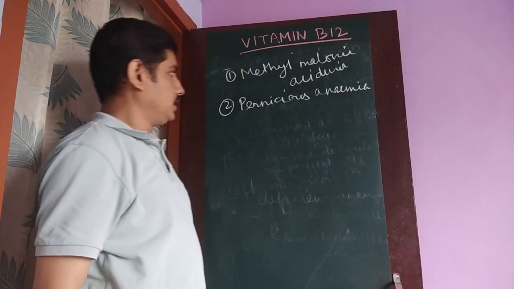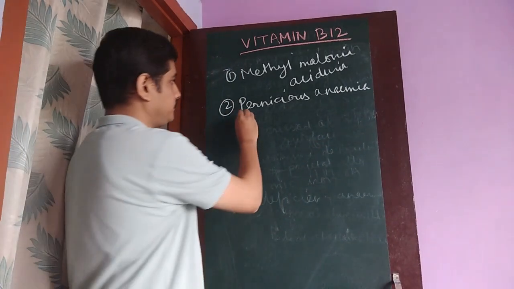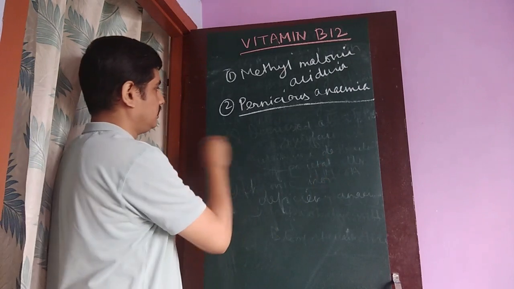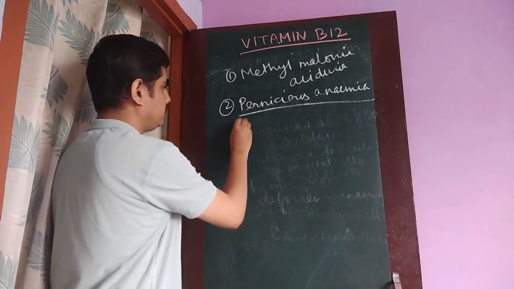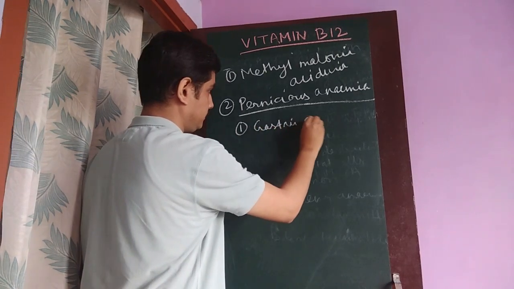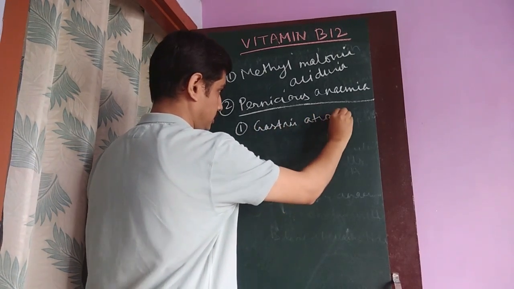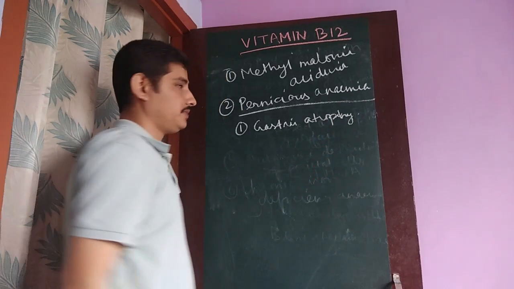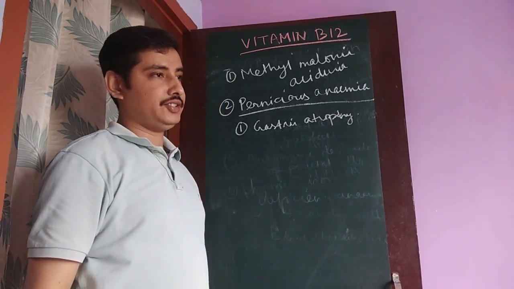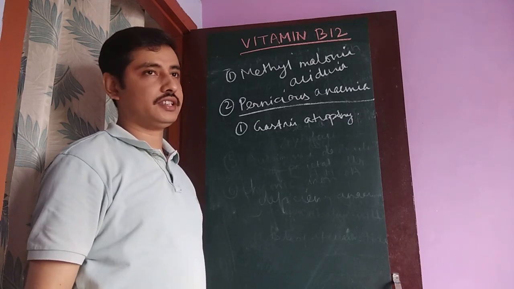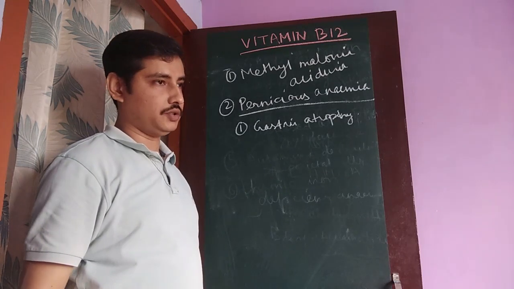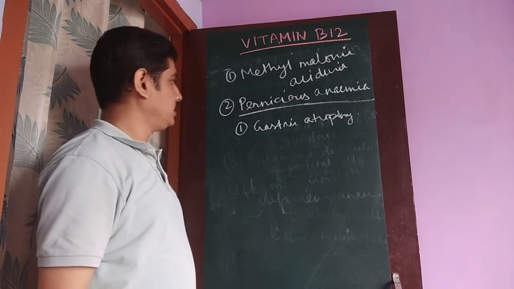Okay. This pernicious anemia happens because of some causes. Number 1, if there is gastric atrophy, the parietal cells cannot secrete the intrinsic factor, and hydrochloric acid cannot be secreted, which has a role in the absorption of vitamin B12.